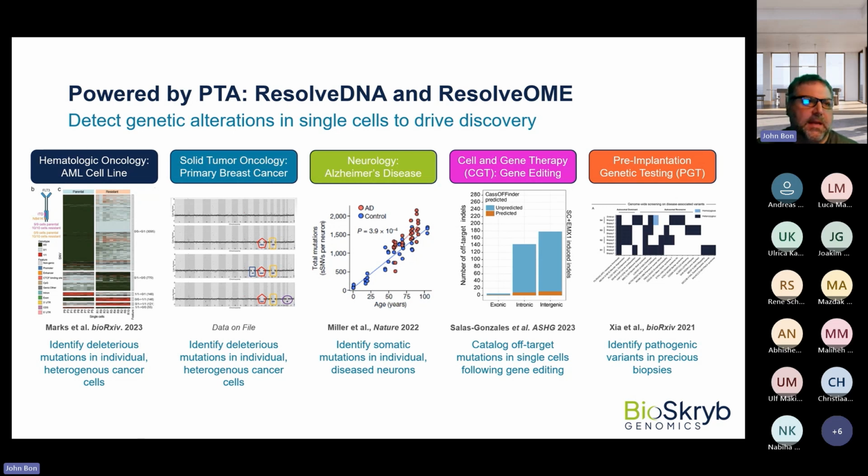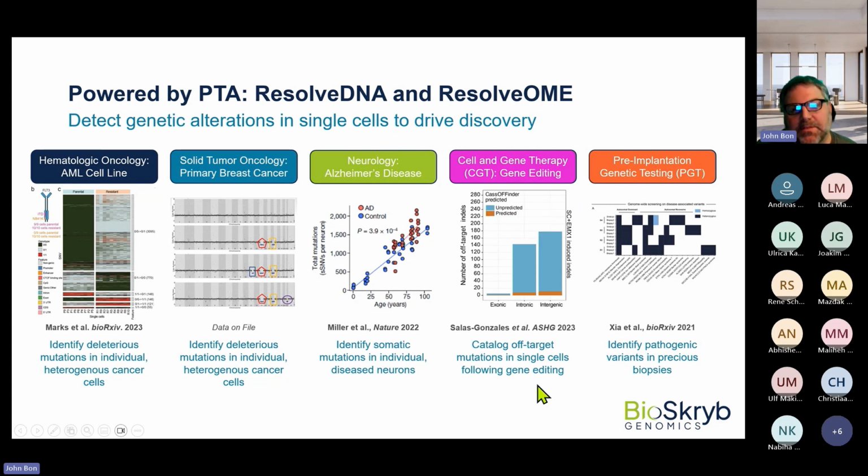From infants, adolescents, adults, and aged individuals, whether looking at mutation burden in normal neurons over time, or comparing, for example, Alzheimer's to normal cells and looking at the mutation burden in those cells. These have all been published papers that you can find on the resources page of our website, where you can download the publications.